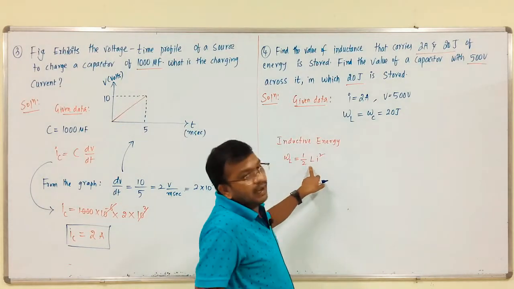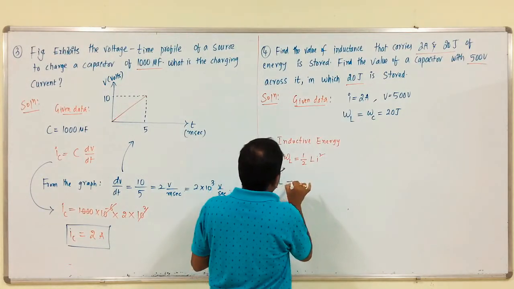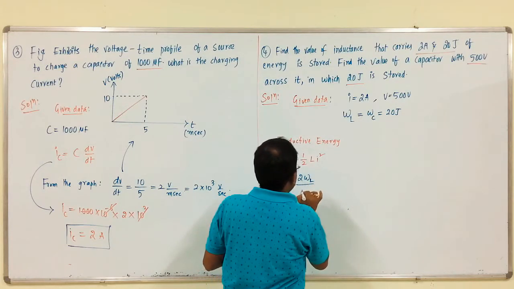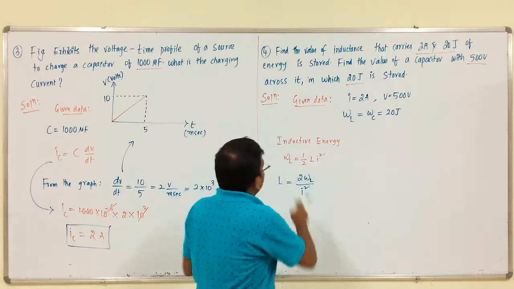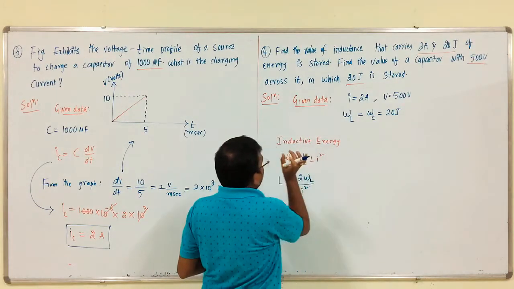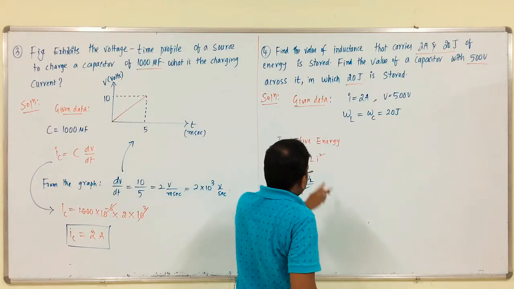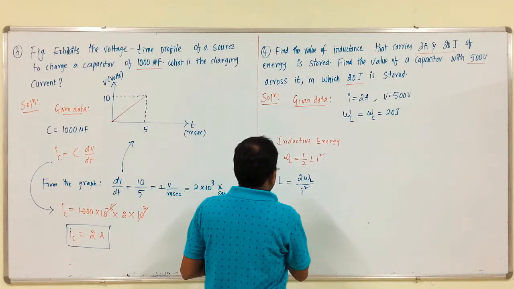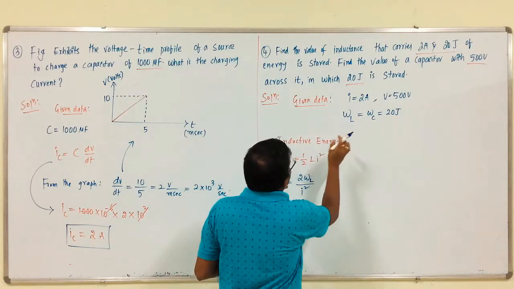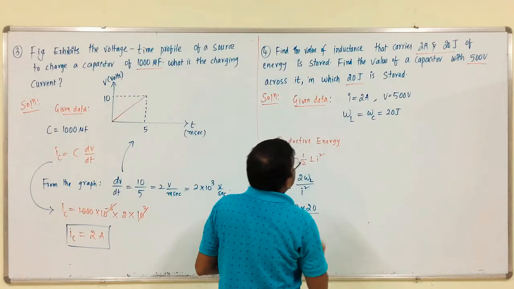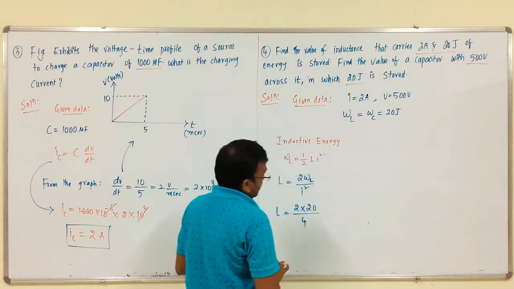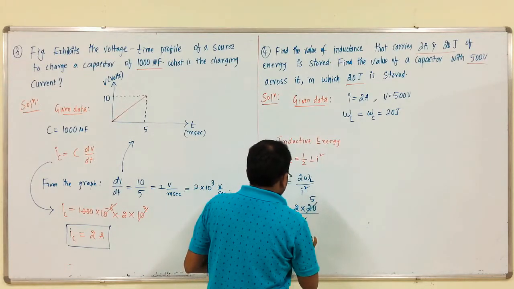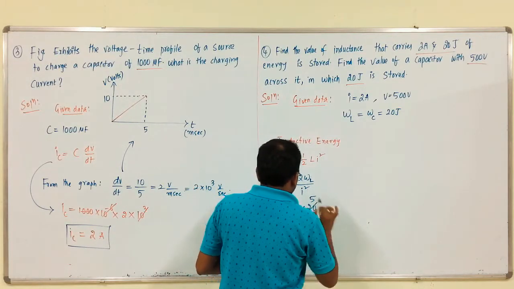From this we have to calculate L. So, L = 2 W_L / I squared. So, L = 2 into 20 by the value of current squared, 4, that is L = 10 Henry.